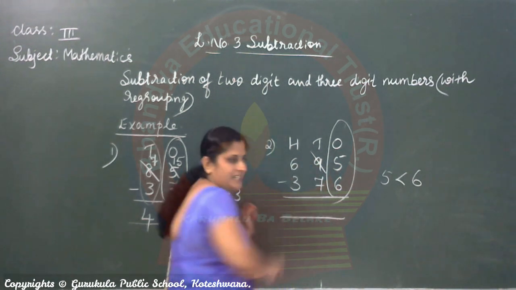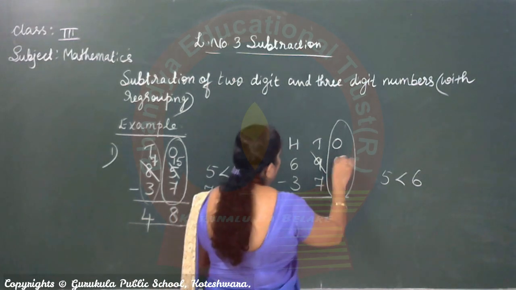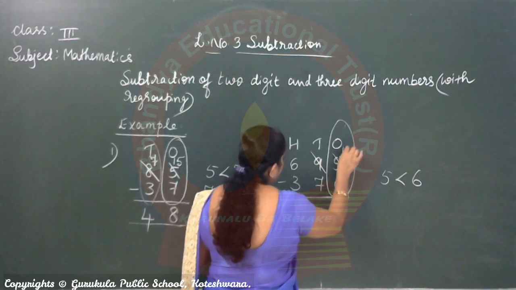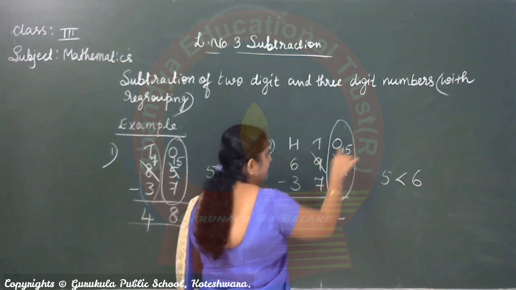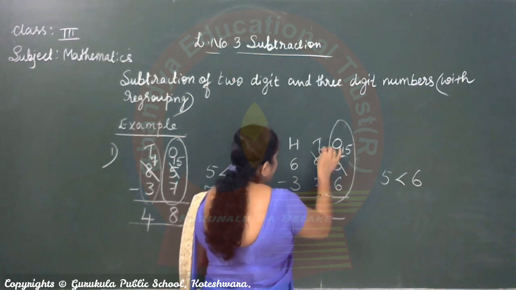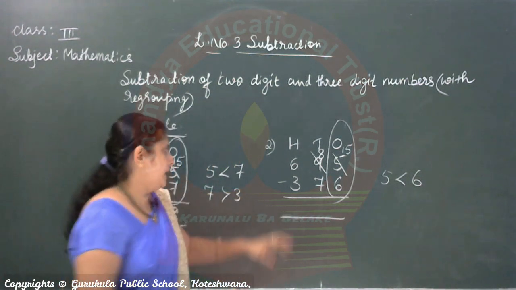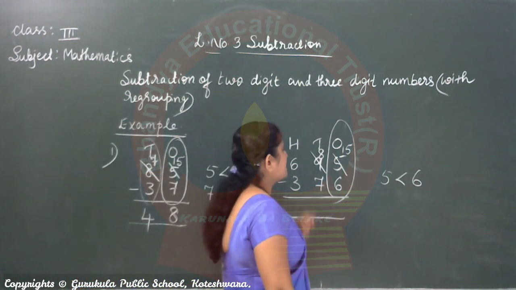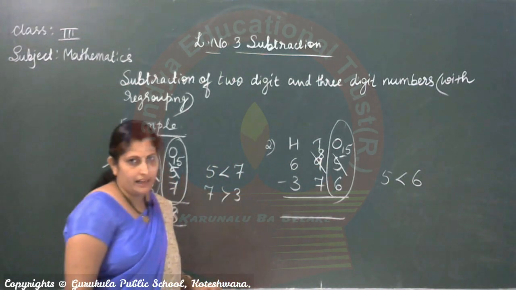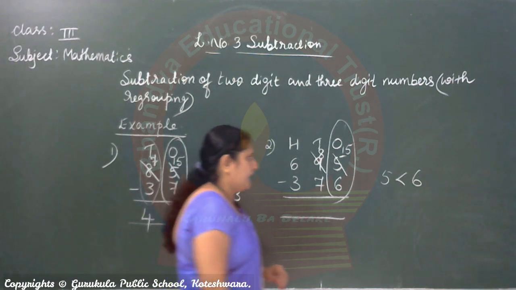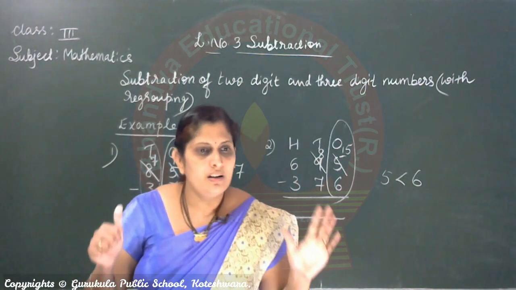Here 9 tens were there, no? So 1 ten you borrow this side. So that time it will become 15. 1 ten is 10 plus 5, that is 15. Here 8 tens are remaining now. So in the ones column now check 15 and 6. 15 you keep in mind, 6 in your hand.